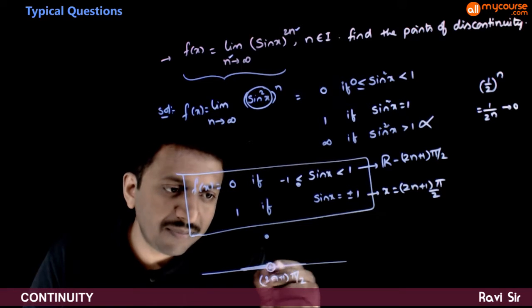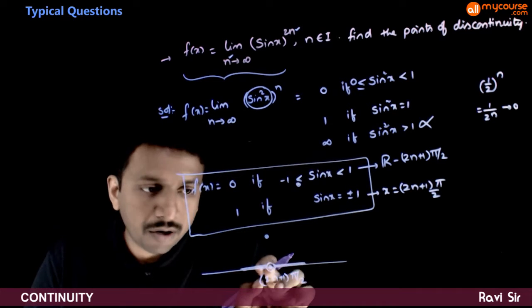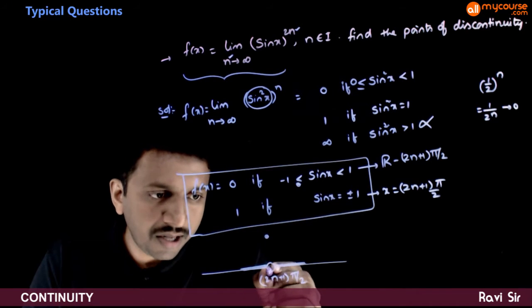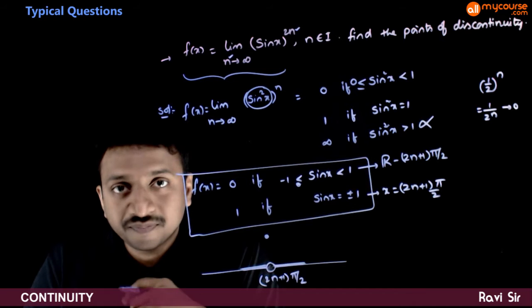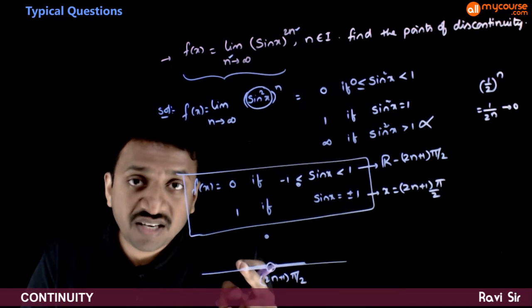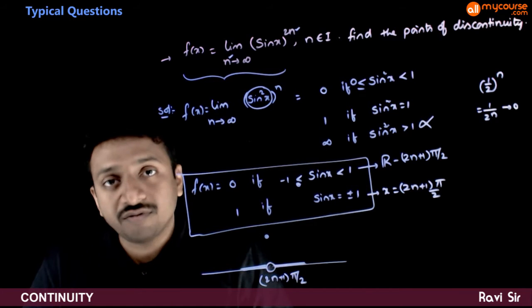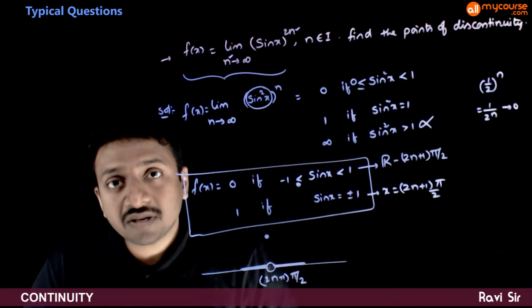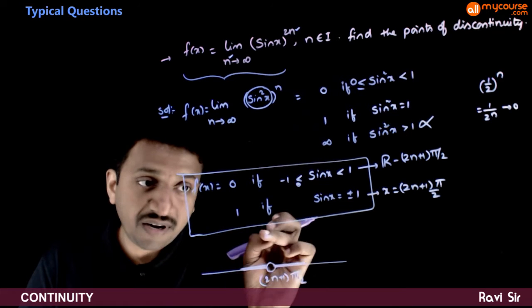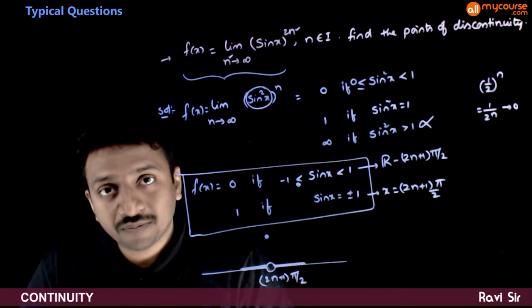Hence the graph will be something like this. You have a hollow dot here, a hollow dot here, and you have 1 here. So as you can very clearly see, f of x is discontinuous at all points of the form (2n plus 1) times pi by 2, because the limit value is different from the functional value.